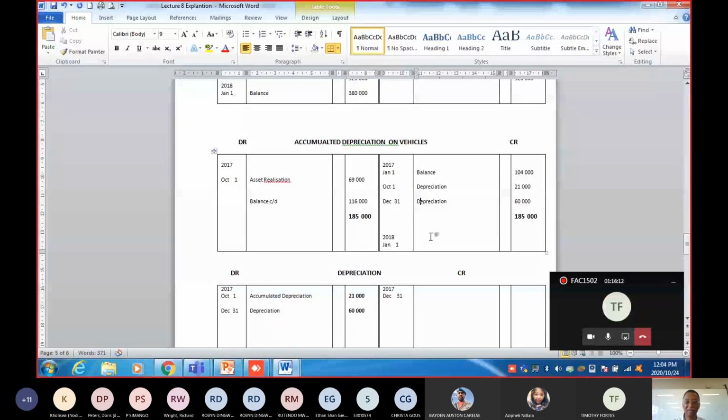So on the 1st of January, I will start my accumulated depreciation account with an opening balance, and that balance is 116,000 Rand.